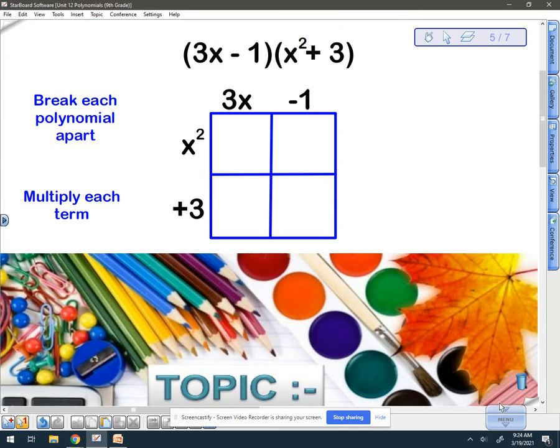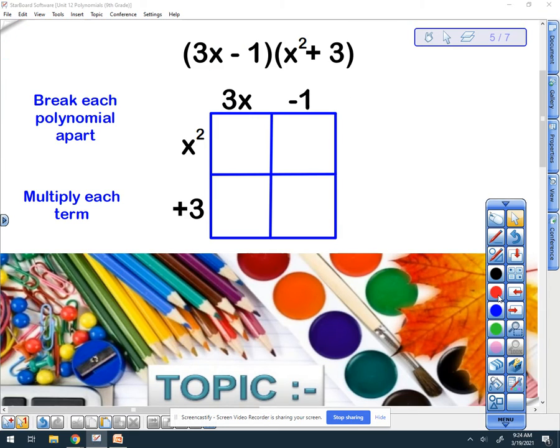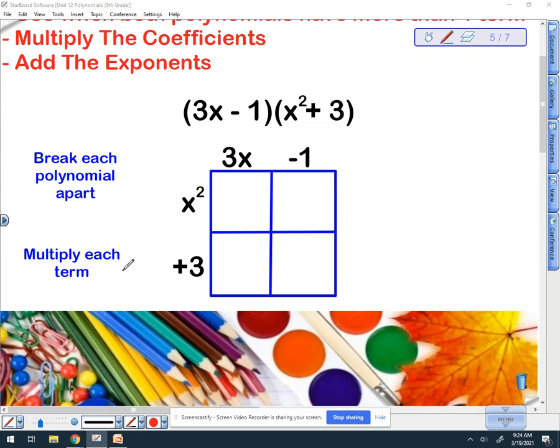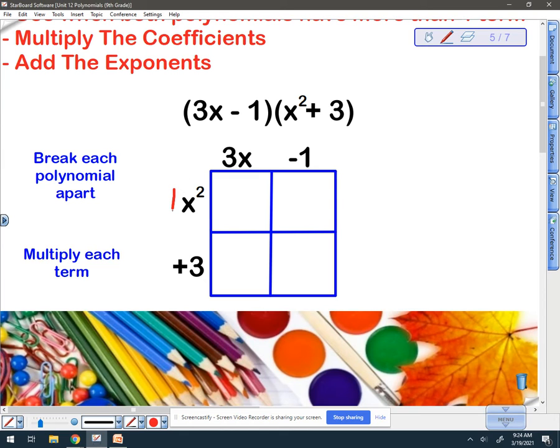Now, the next thing you're going to do is multiply each term. All you're going to do is multiply the ones that go together. So this box would match with what? X squared and 3x. So we multiply these two together. Remember, if you have a variable and there's no number in the front, it's having a 1.